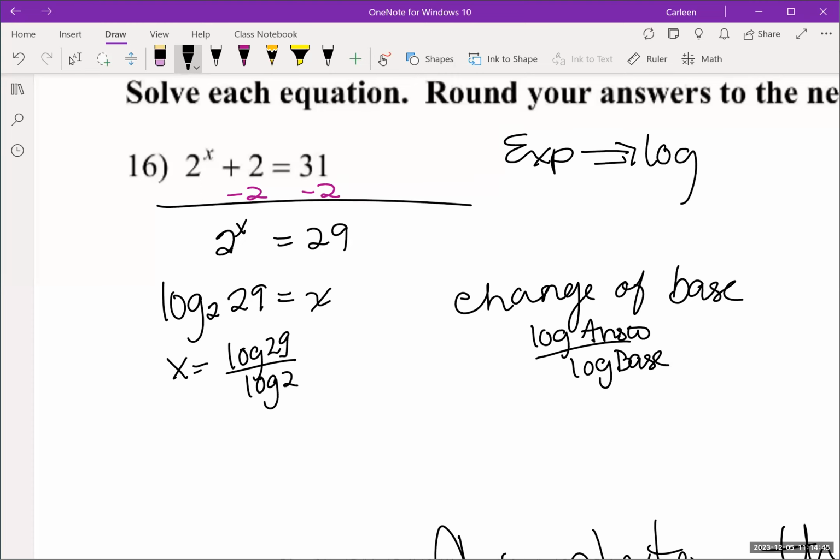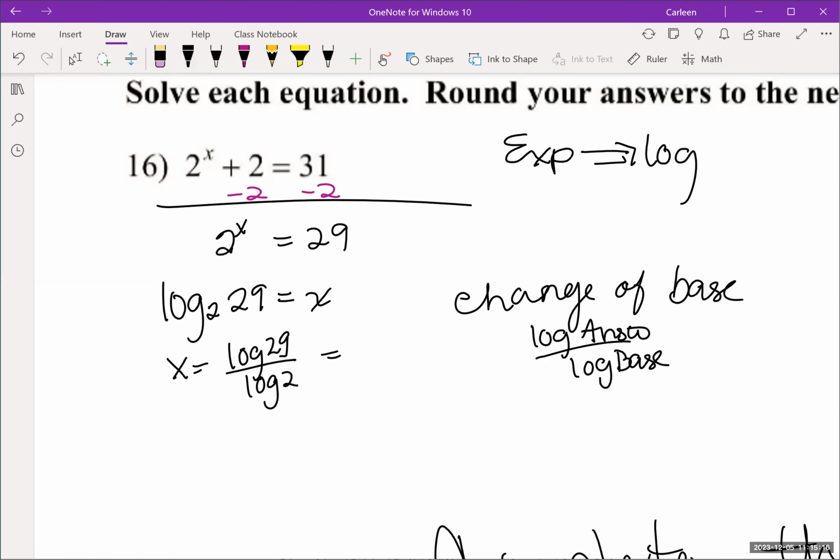If you're watching videos about this, or if you have a friend who's doing advanced algebra in their homeschool, there are some teachers that would rather go natural log of the answer divided by natural log of the base. It doesn't matter. I'm going to hit the log button. They're going to hit the ln button. Now, why? I don't know. I'd rather do log than natural log, but you will see teachers do that.